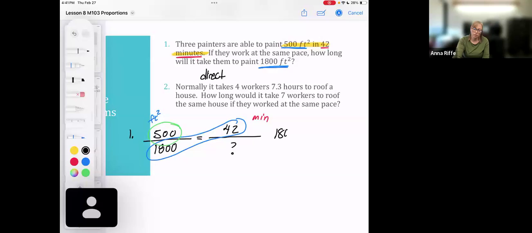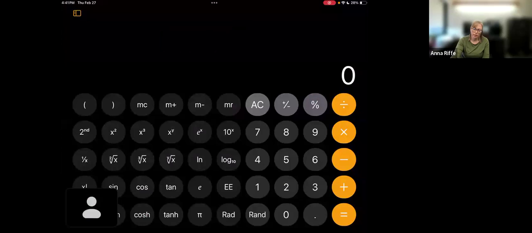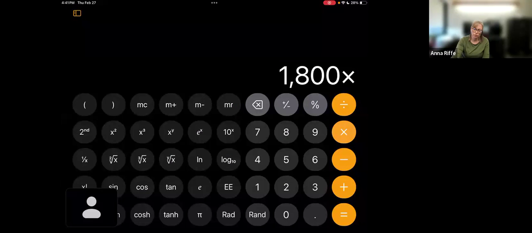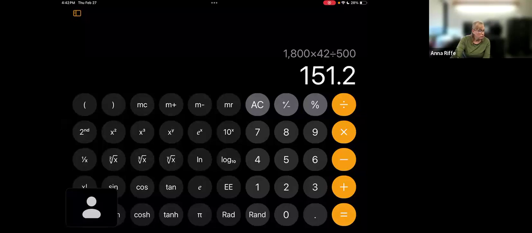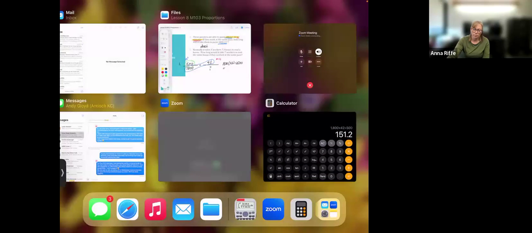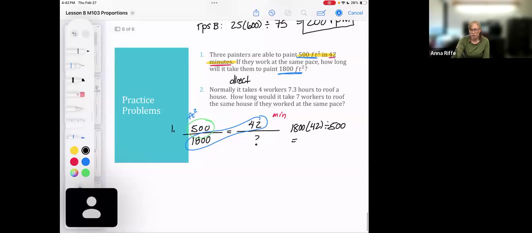So 1,800 times 42 divided by 500 gives us 151.2. 151.2 minutes.